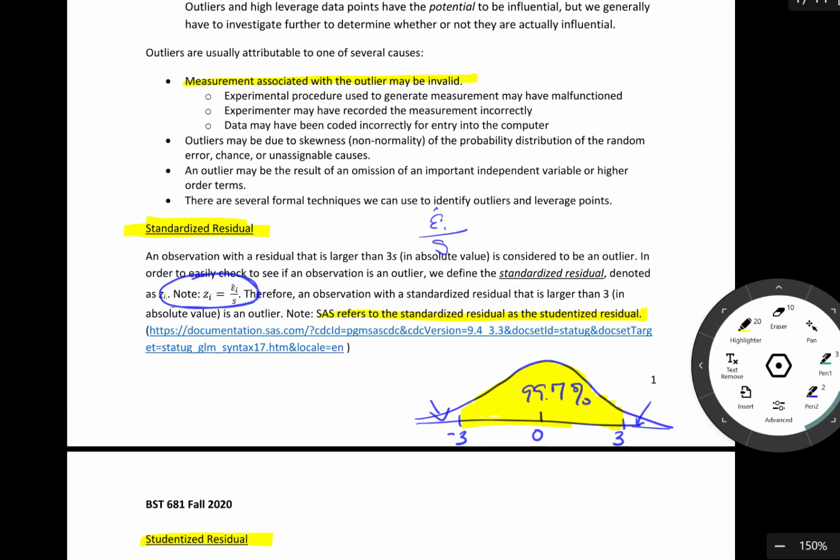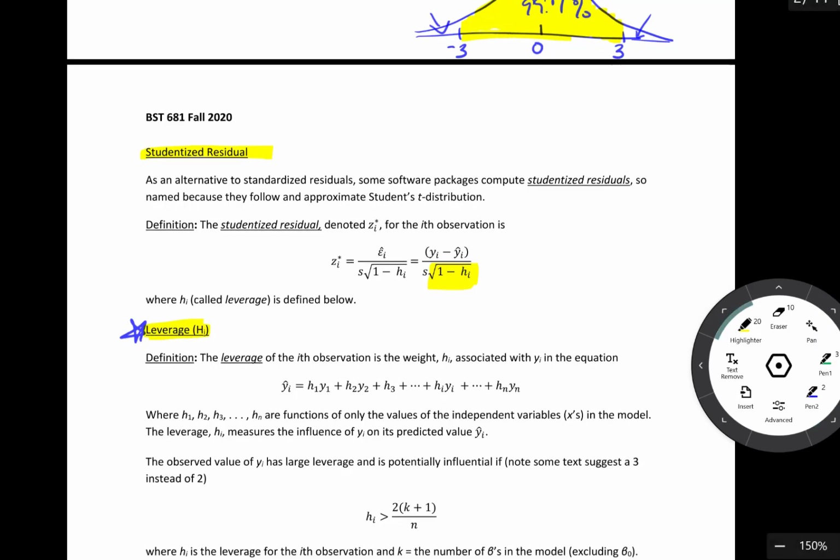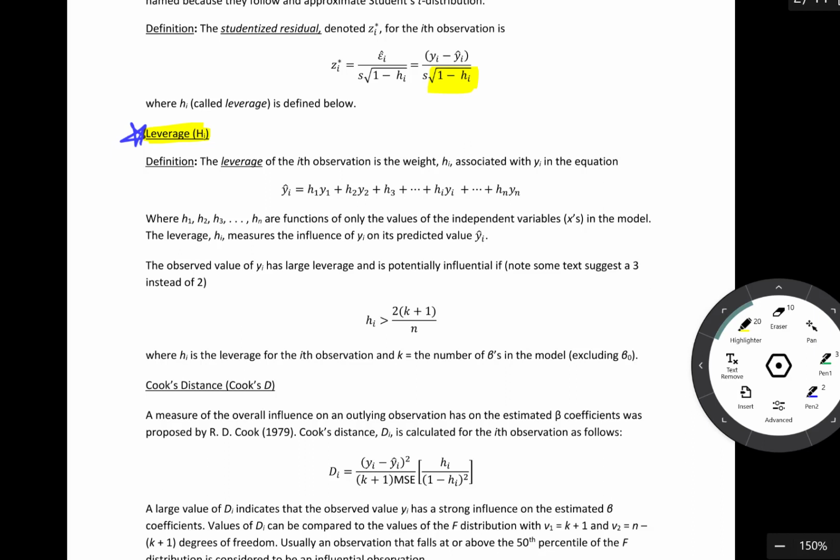Now, the values that we are going to look at: we are going to look at the standardized residual. This is going to help us determine outliers. We're going to look at the leverage h_i, and this is going to help us identify points that have high leverage. We're also going to be looking at Cook's distance.